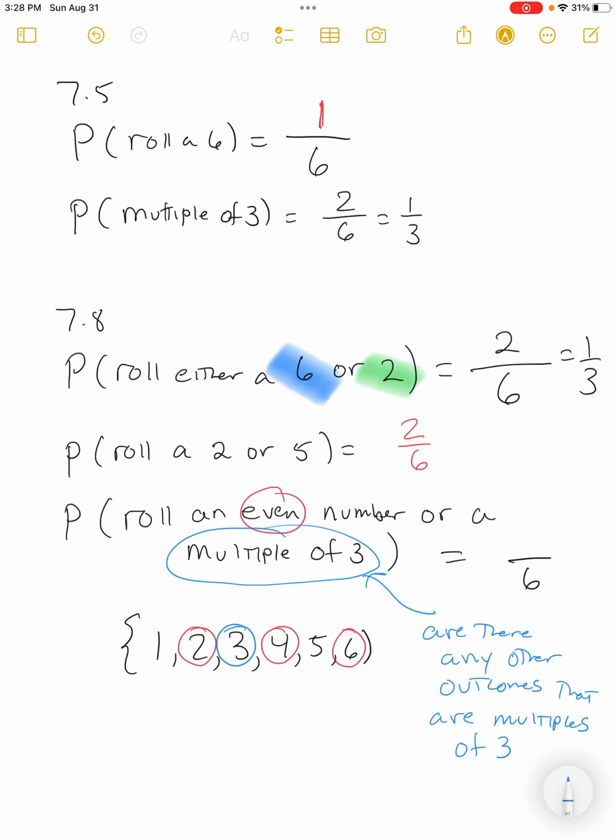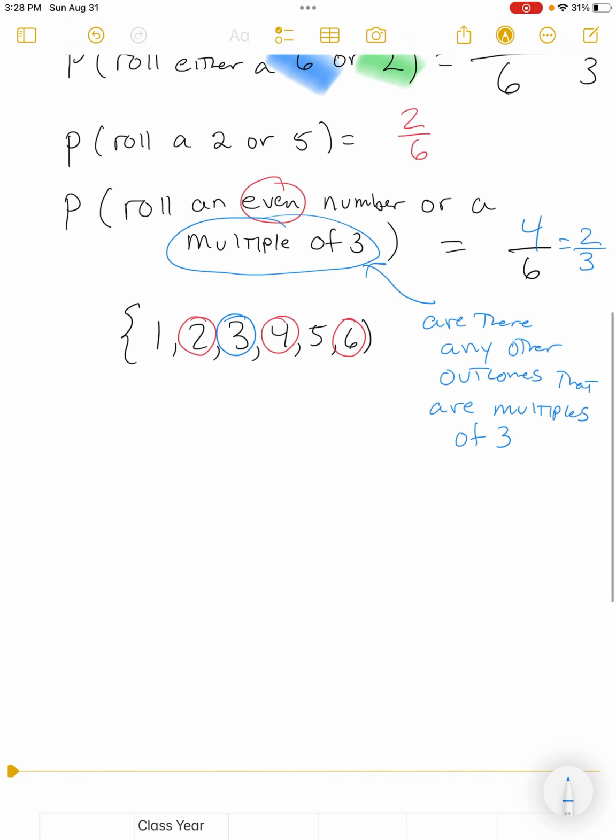And in this case, there's 1, that blue 3 that's circled there. Again, we know 6 is a multiple of 3, but we've already counted it. So if we look at the numbers we had circled, there's 1, 2, 3, 4 right answers out of 6. And so the answer is 4/6, or 2/3, as the back of the book would have it.